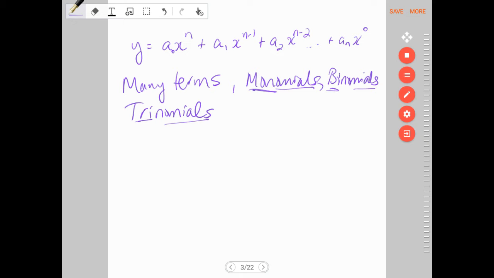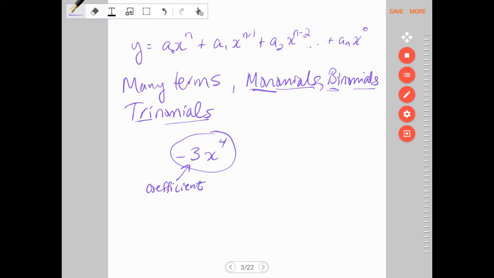A term is composed of 3 parts. Let's say I gave you a negative 3x to the 4th. Okay, so that would be a monomial, and it represents a single term. The negative 3 is known as the coefficient.